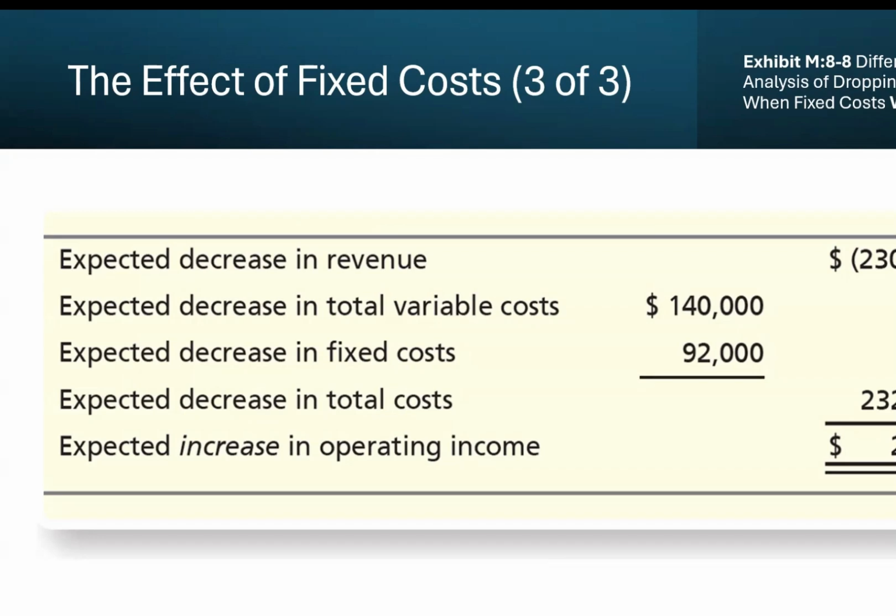In Exhibit 10.8, Chapter 10, you'll see that in this situation, operating income will increase by $2,000 if Smart Touch Learning drops the premium tablets. Revenues will decline by $230,000, but expenses will decline even more by $232,000. The result is a net increase to operating income of $2,000. This analysis suggests that management should drop premium tablets.